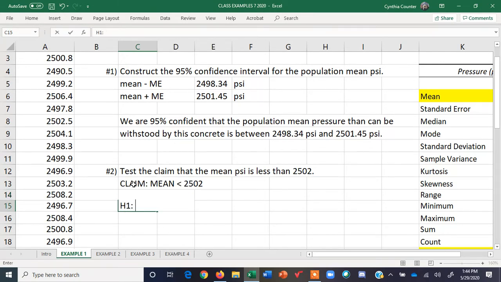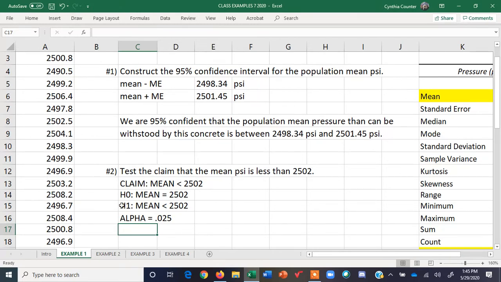The alternative hypothesis is an inequality, so it is the same as the claim that the population mean is less than 2502. And I am going to select the alpha I usually do, 0.025, and this will correspond to the area in the left tail for a 95% confidence interval, so that the result we get for this test should match up with our confidence interval result.